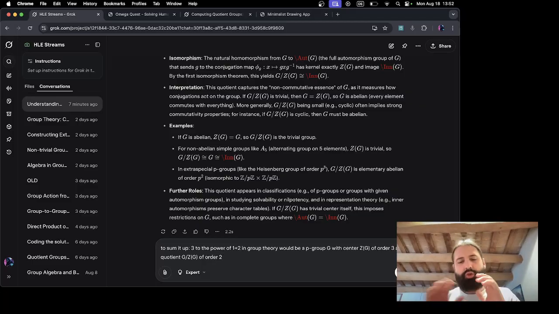This means that it has 2 elements, right? So it's not the trivial one, because order 1 would be trivial. Exactly. So this means that it's not fully commutative. Exactly.